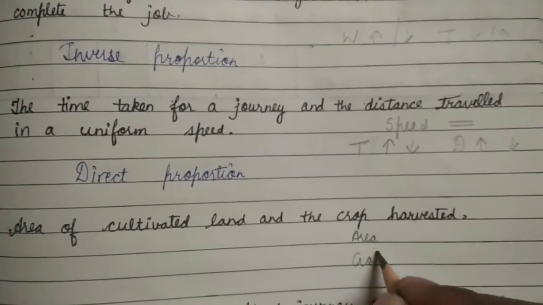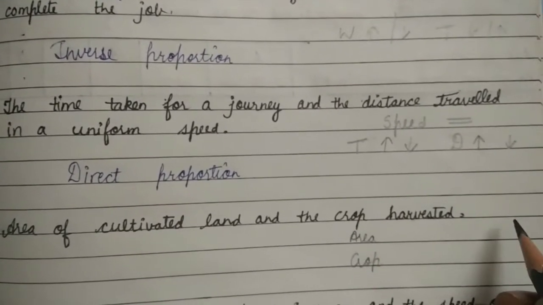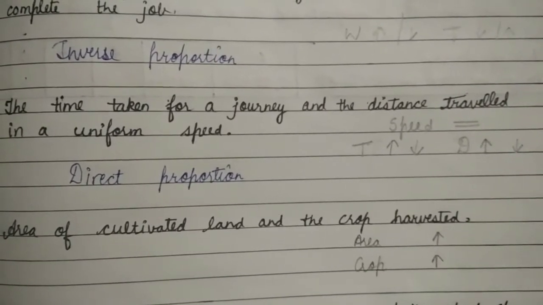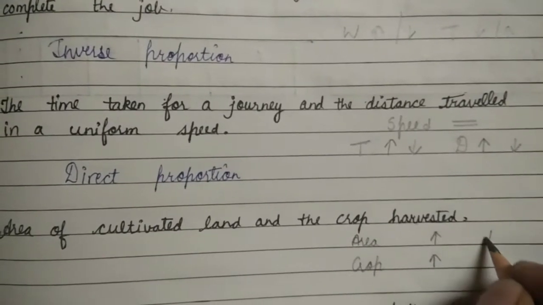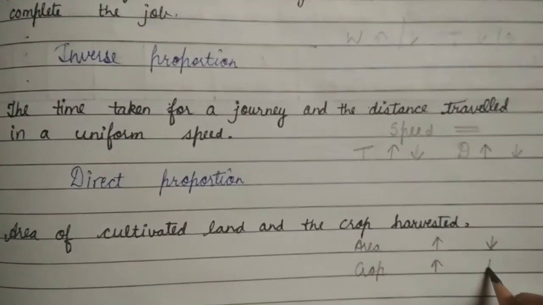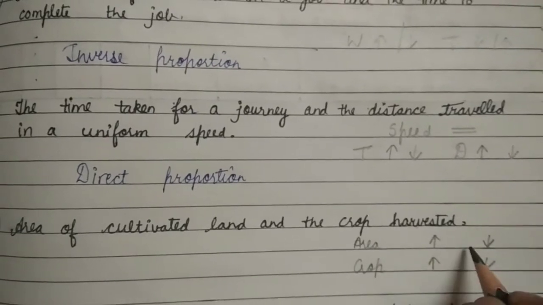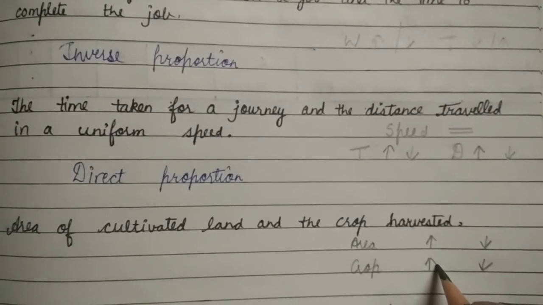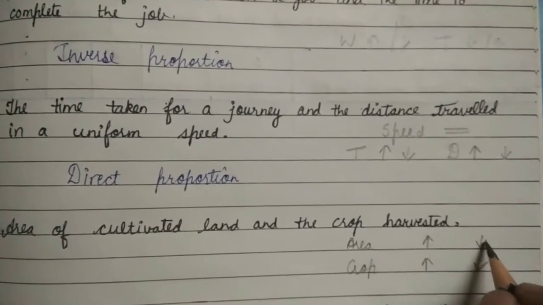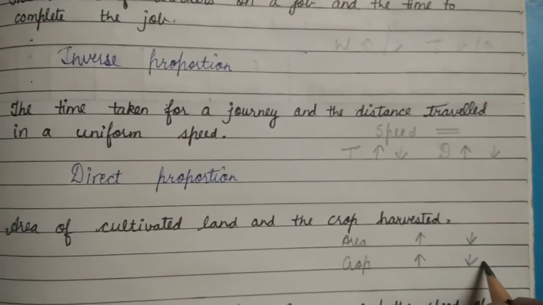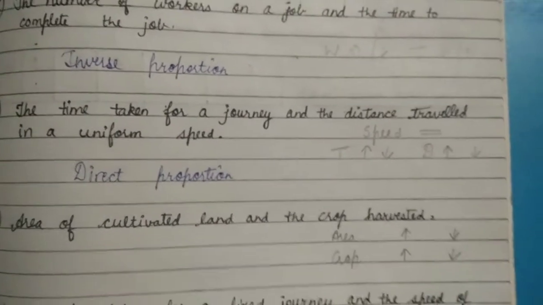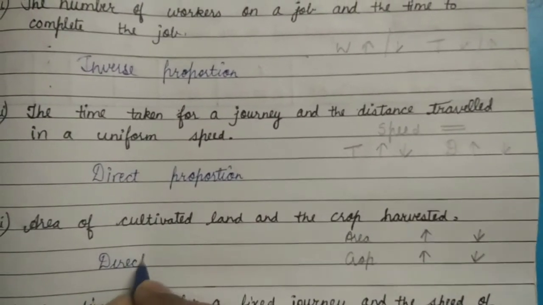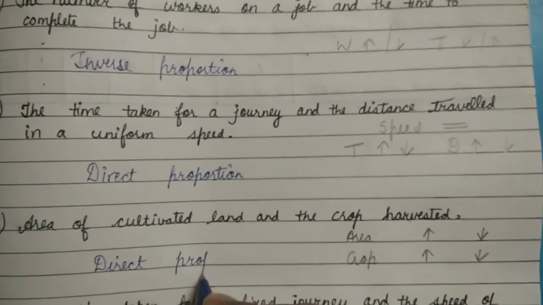If we have a huge area, our harvested crop will be more, and if the area is less, we harvest less crop. When the area is increased, the harvested crop is also increased, and when the area is decreased, the harvested crop is also decreased. Both quantities change the same way. It means that here we have direct proportion.